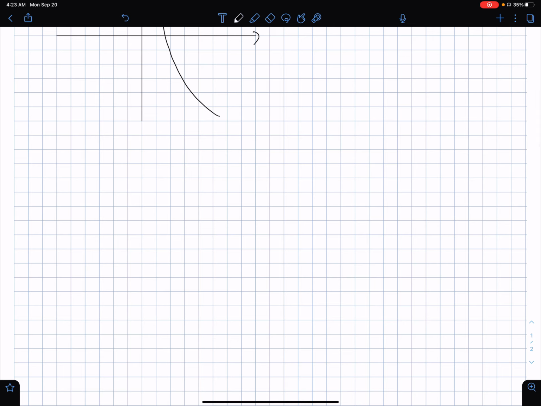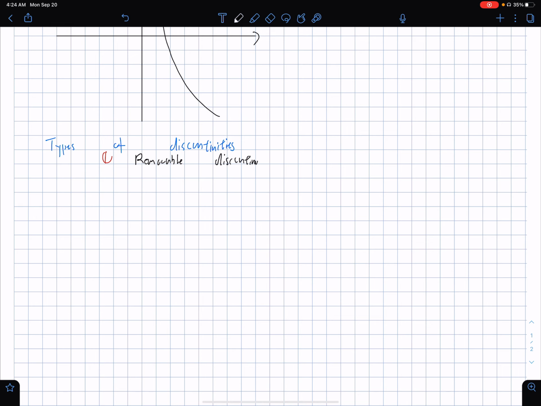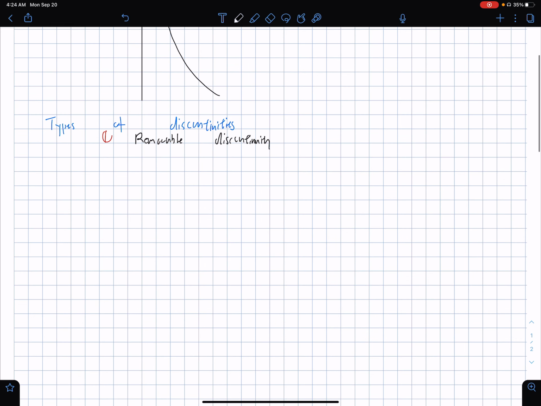But if a function can be continuous, it can also be discontinuous. And there are actually three types of discontinuities. So the first type is a removable discontinuity, and it is represented by having a hole in the graph.